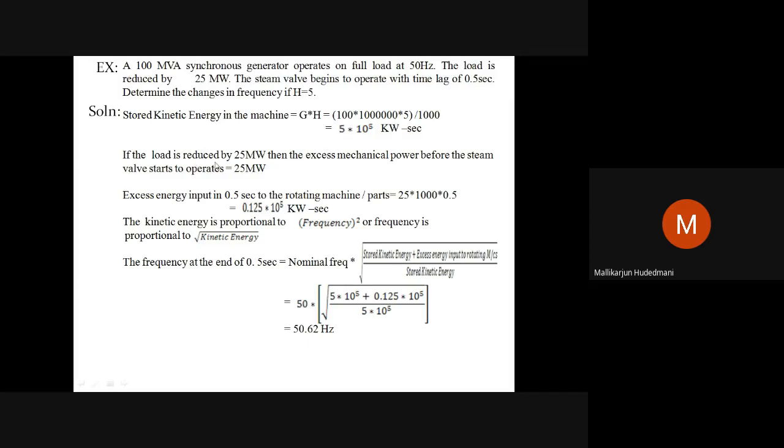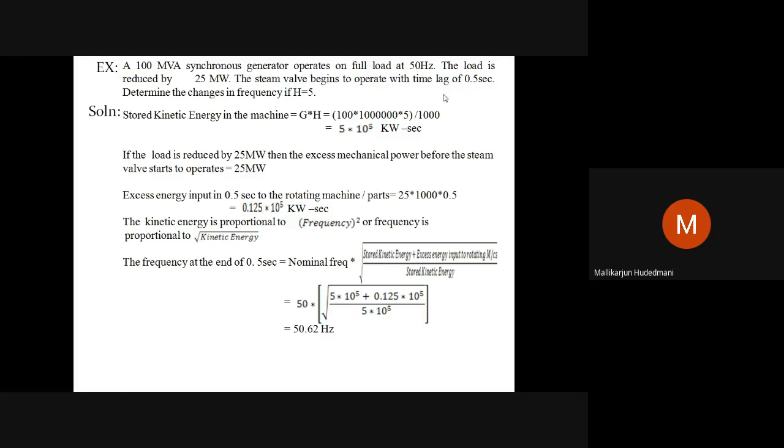If the load is reduced by 25 megawatt, then there is excess mechanical power before the steam valve starts to operate. See, the same thing I was speaking. Before 0.5 second, the steam valve does not reduce the fuel for the turbine.